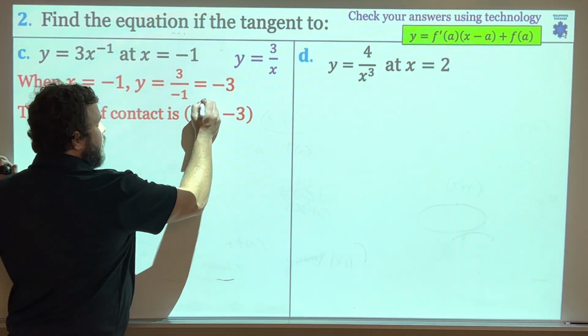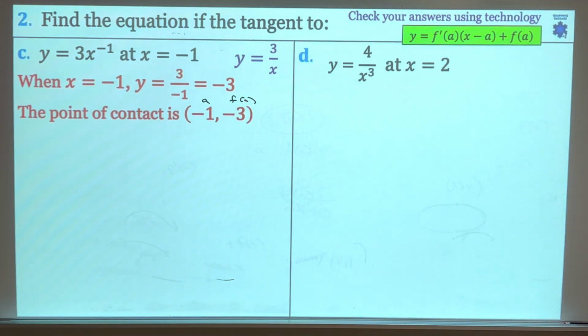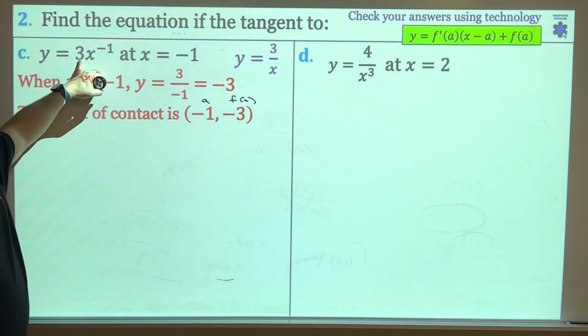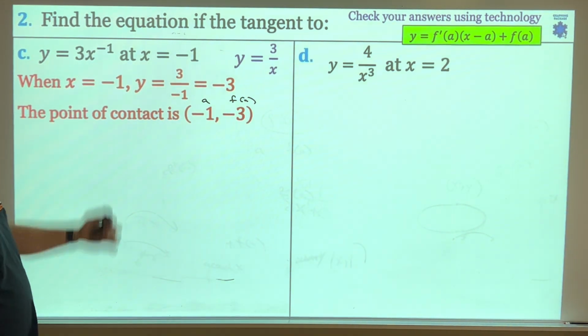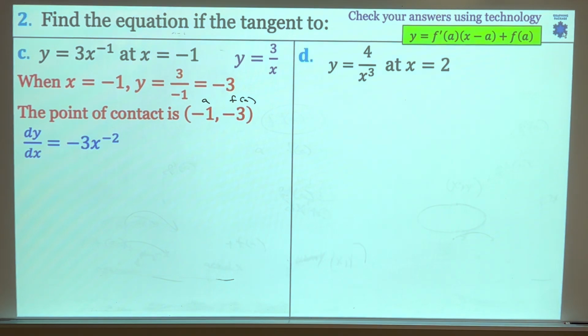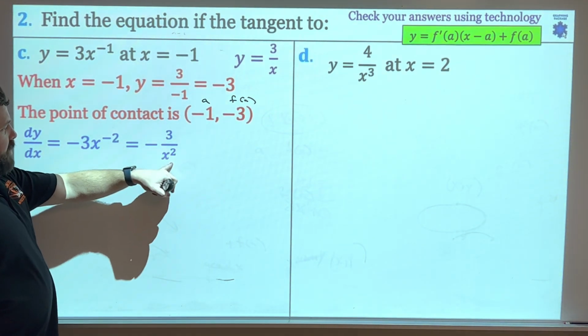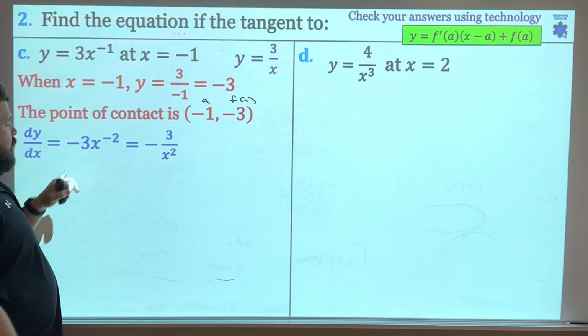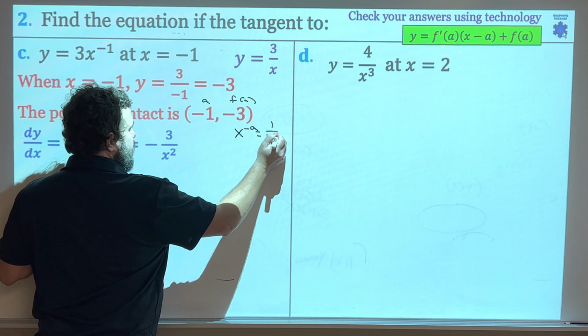So right here I've got my a, and right here I've got my f of a. Derive. 3 times negative 1, x to the negative 1 minus 1 is x to the negative 2. You're just using your power rule. Now this is the same as negative 3 divided by x squared, because remember, x to the negative a is 1 over x to the a.